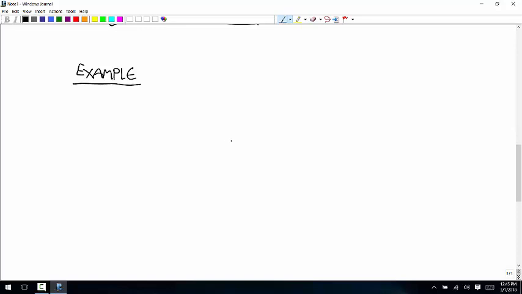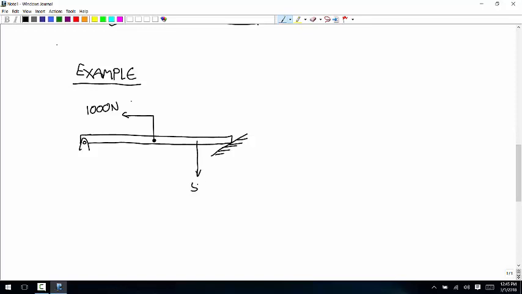Okay, so now let's say that you have a beam, makes frictionless contact with a wall over here, and there's a pin at the other end. And let's say at the middle, there's a horizontal force of 1,000 newtons. Let's say that there's a downward force here of 5,000 newtons.